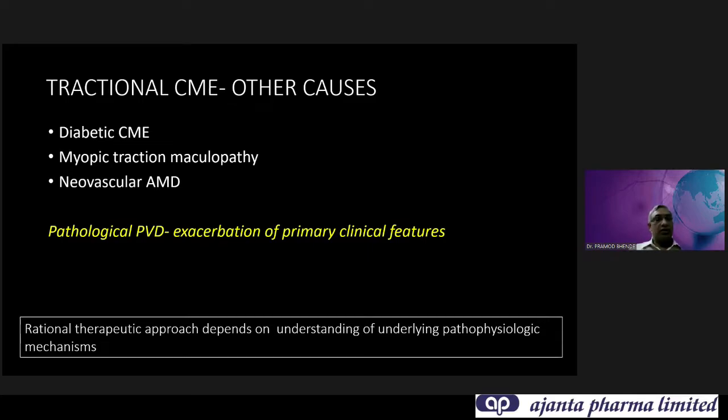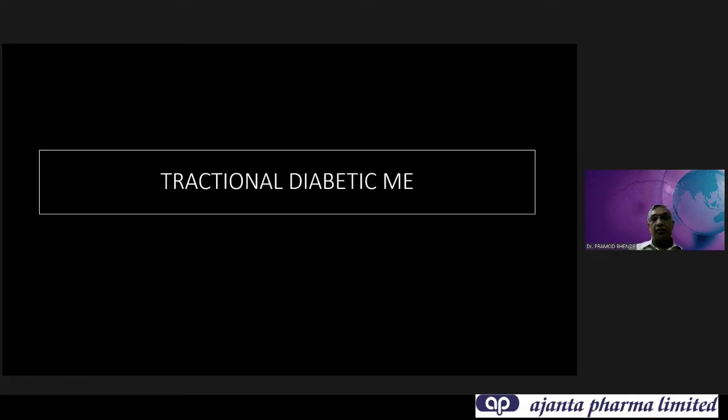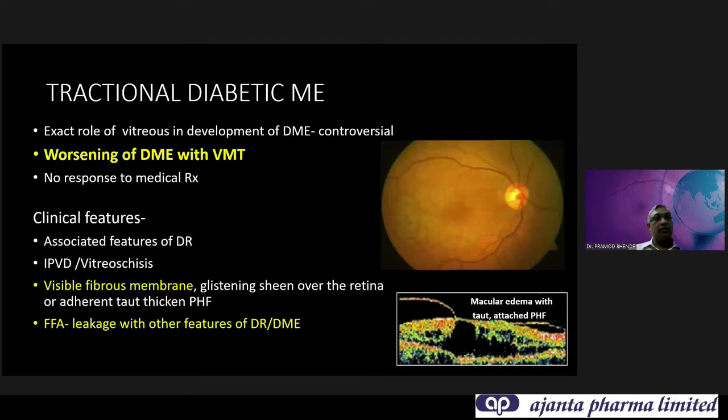So coming to other causes of tractional CME, like diabetic CME, myopic tractional maculopathy, neovascular AMD, this pathological PVD sometimes can exacerbate the primary clinical features. And coming to tractional diabetic CME, basically it is associated with restriction, and what we sometimes call a diabetic vitreomaculopathy.